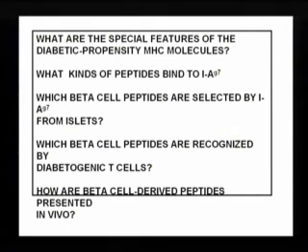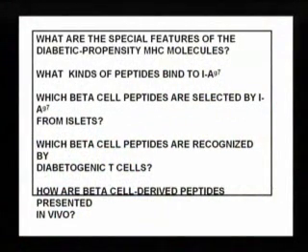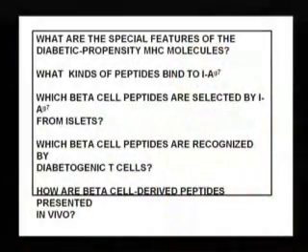In other words, bring all the lysozyme story into this spontaneous autoimmune disease. What kinds of peptides are bound to G7? I'll call G7 the one in the mouse, which is the one that we mostly studied. Beta cell peptides are selected. And which beta cell peptides are actually recognized? Are those peptides presented in vivo?